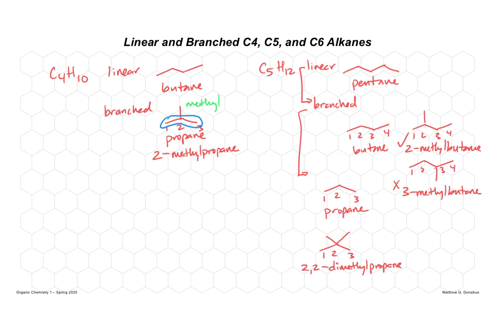The self-consistency in that is carbon 2 has two methyl groups. You specify their locations, and because there are 2 numbers here, that's where you have to use the prefix di. If you said 2,2-methylpropane, that's technically not correct.